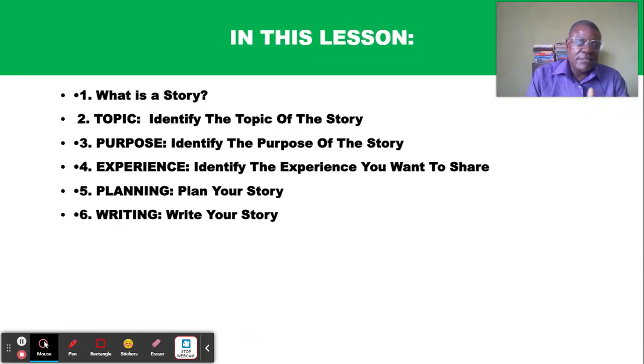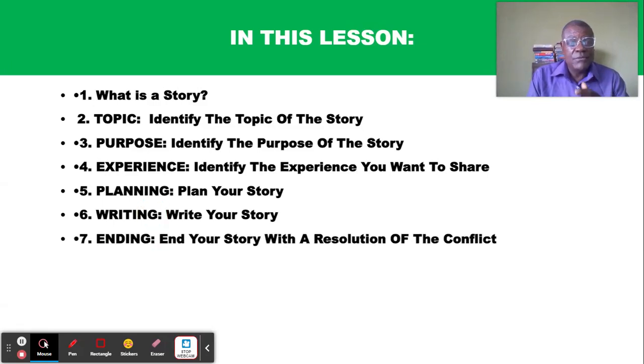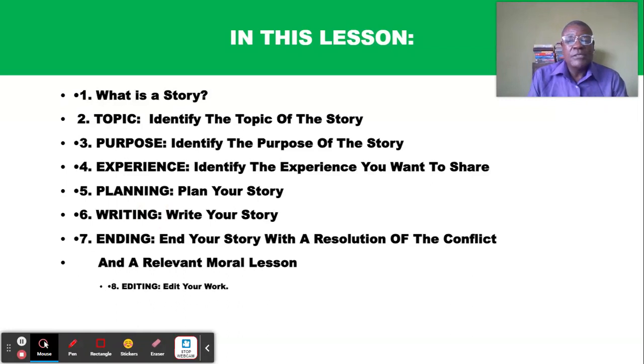6, writing. It is after taking the initial pre-writing steps that you now begin to write, and that will be a good, fascinating story. Then 7, ending. Ending your story with a resolution of the conflict and a relevant moral lesson. Very important.